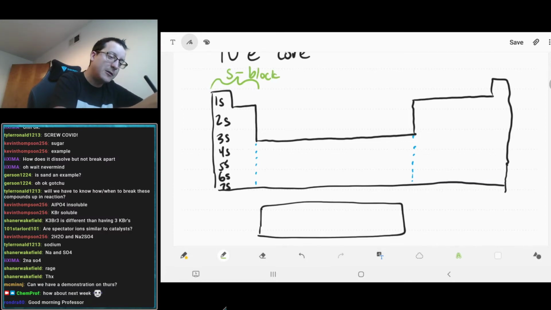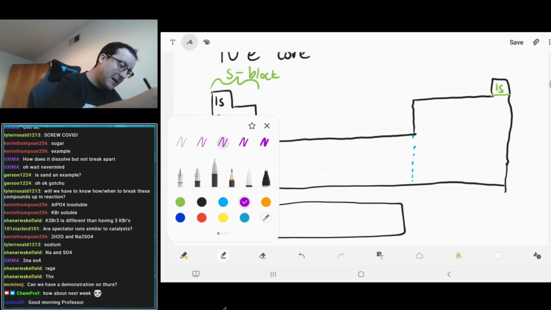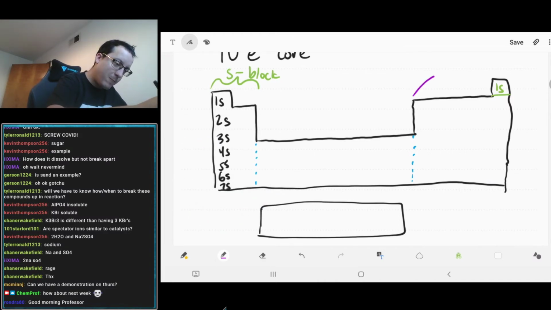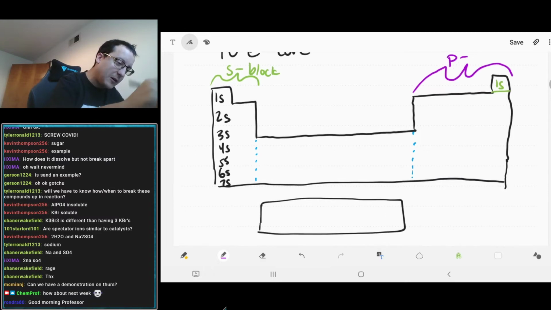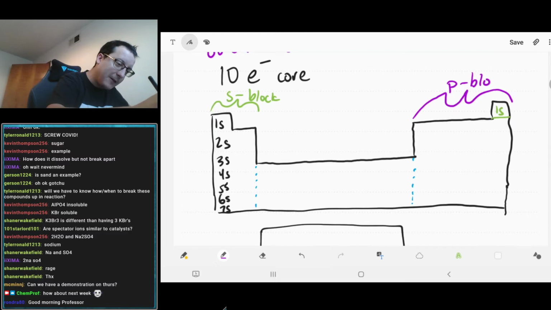That includes this helium over here. Helium and hydrogen are kind of just stuck on top. We'll deal with that. We're going to see that here, this is what's called the P block of the periodic table.